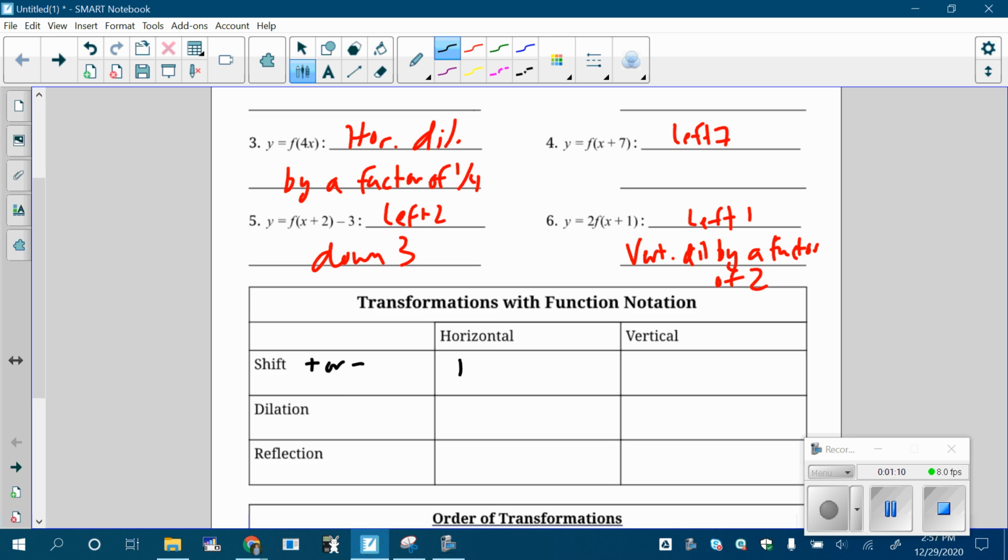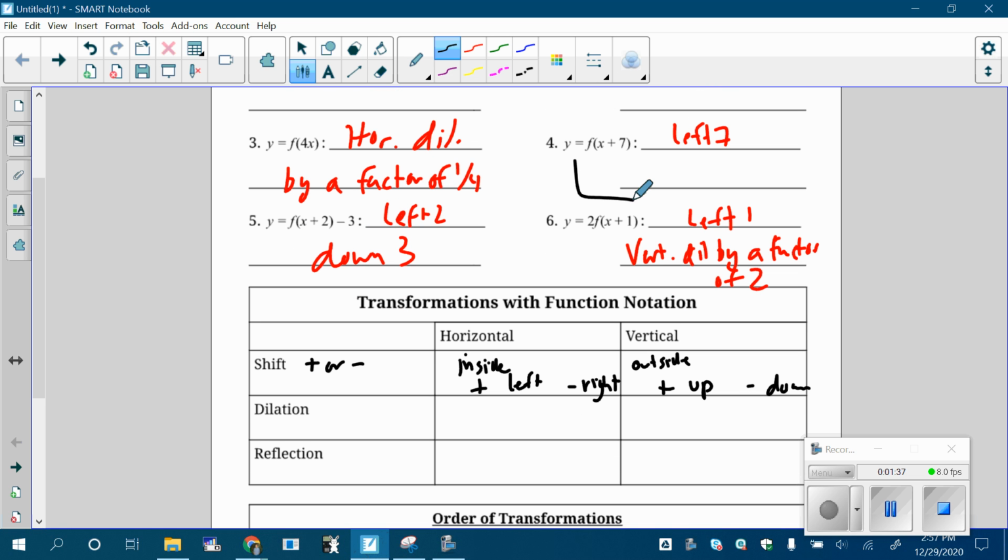Okay, horizontal is on the inside, vertical is on the outside, and horizontal ones work backwards. So plus actually means left, minus actually means right. The outside ones work normal though. A plus on the outside moves it up, and a minus on the outside moves it down.